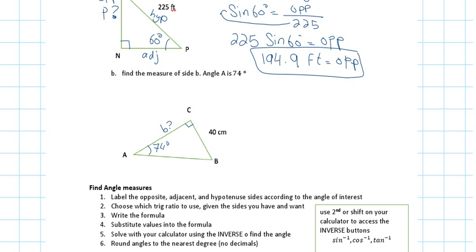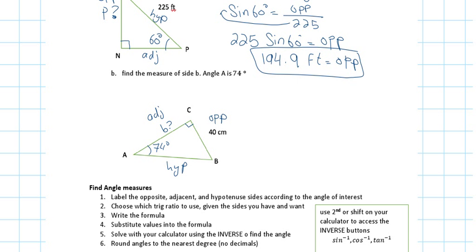Where's my opposite, hypotenuse and adjacent? 40 is the opposite. That's the adjacent. And then AB is your hypotenuse.